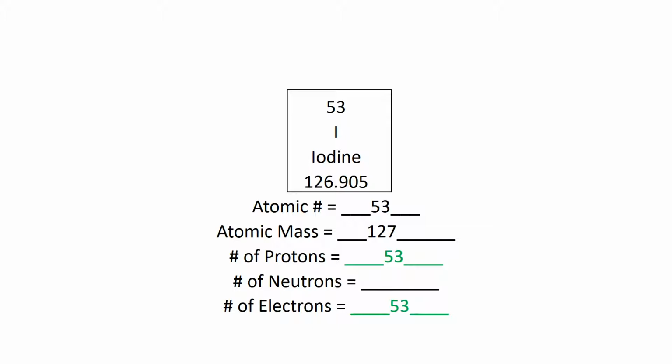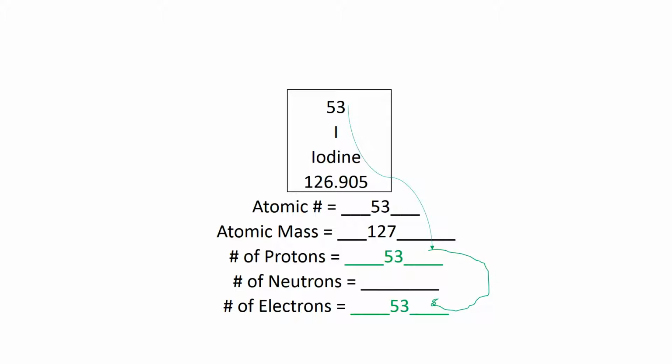All right, so the next thing we would do is we have to write down how many protons, neutrons, and electrons there are. But what's great is the protons and the electrons are equal to the atomic number. So I tell them there should be 3 numbers that are the same. The number on the top of the box is the number under atomic number, of course, and it's also the number of protons, and that's a beautiful squiggle.